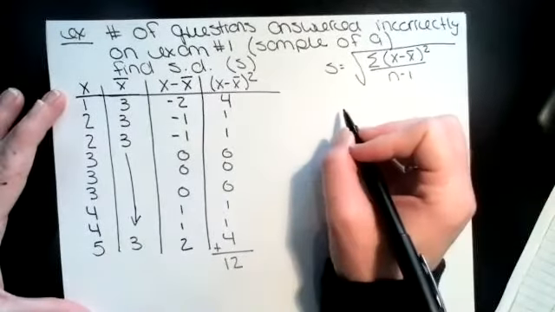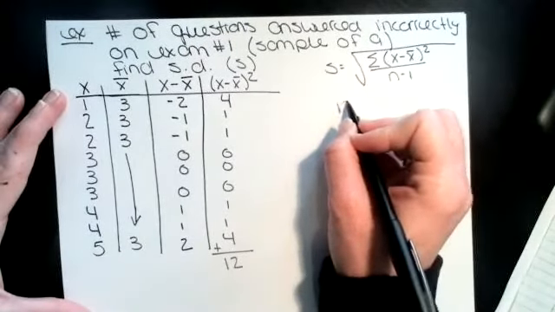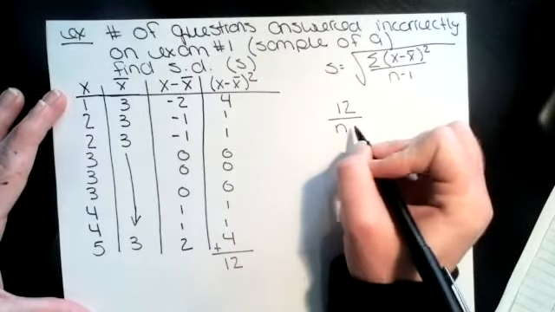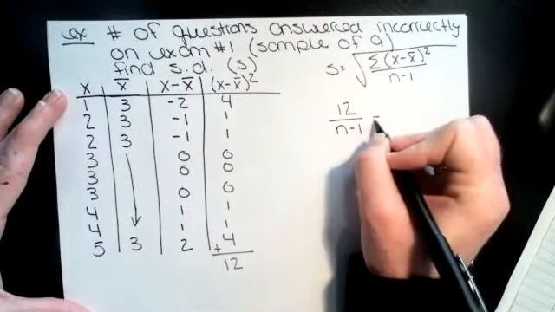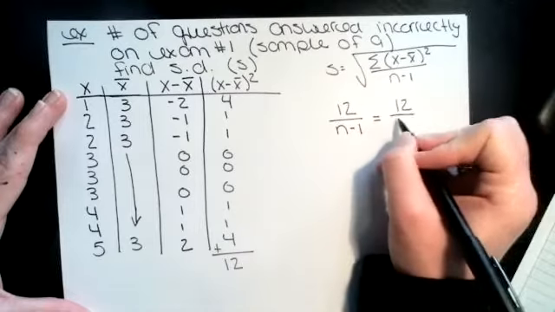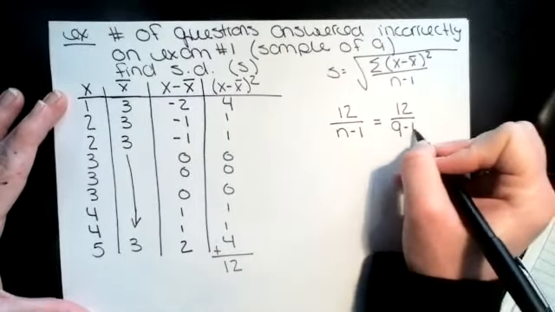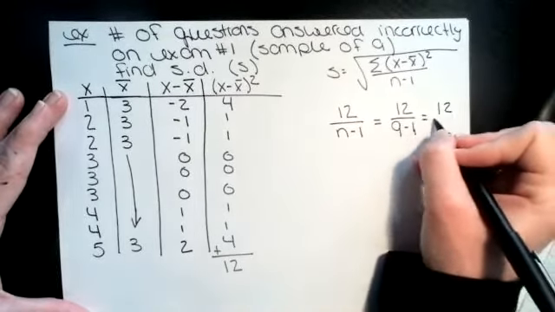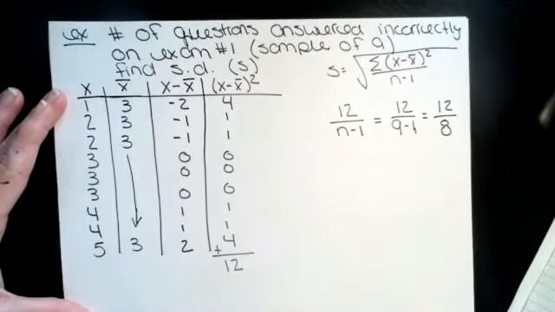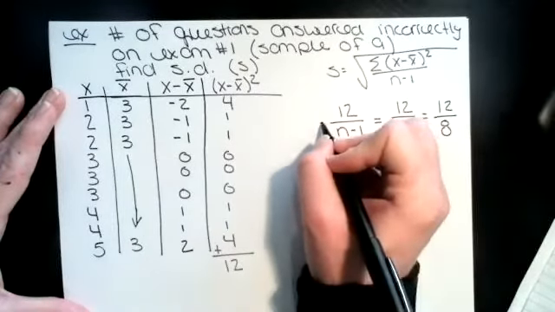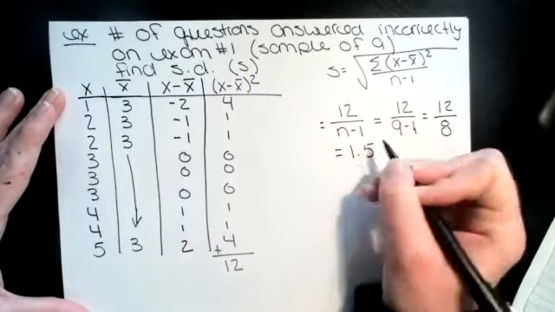So now I'm going to take the 12 and divide it by n minus 1. So that gives me 12 divided by 9 minus 1. I just write it all out. So if you go back to look at these notes, you can see it here. 12 divided by 8. So here I get 1.5.